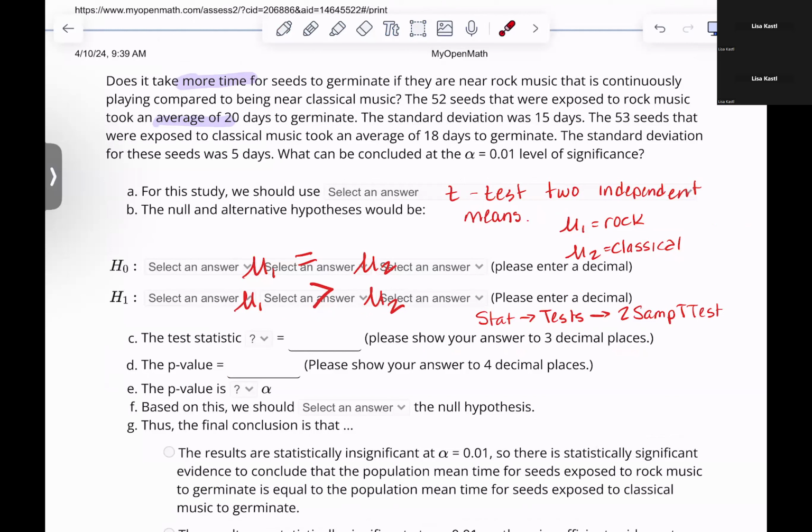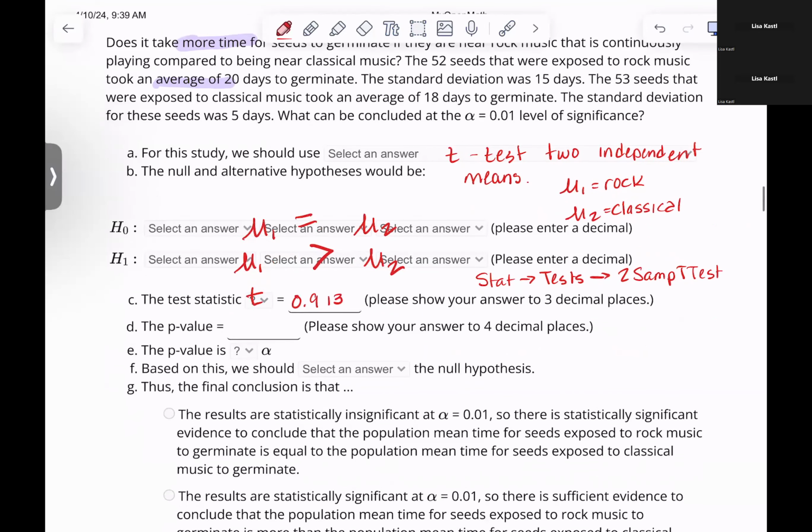T was 0.913. The p-value was 0.1824. They told me to put that to 4 decimal places.